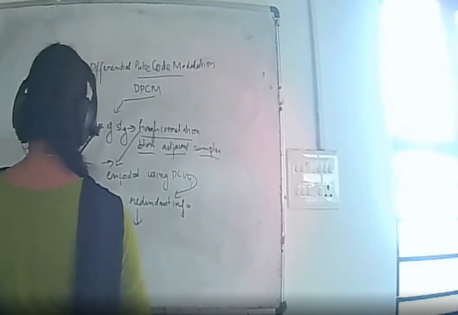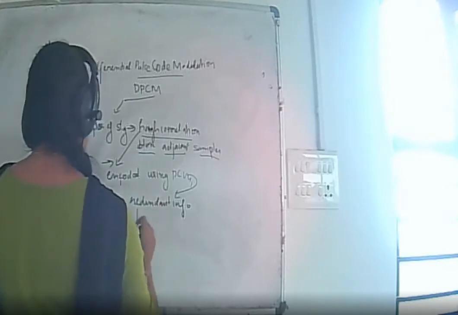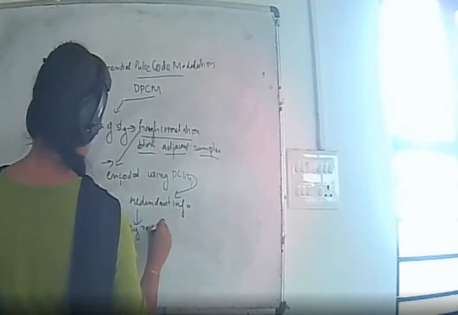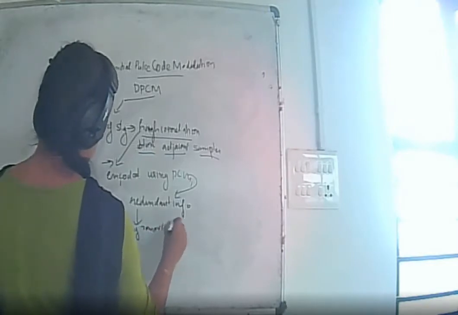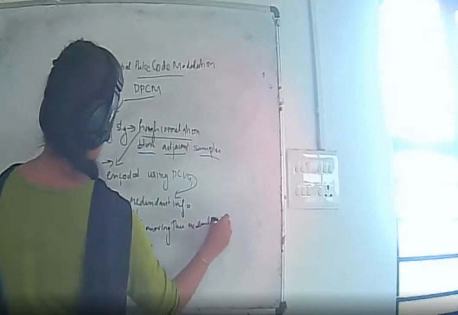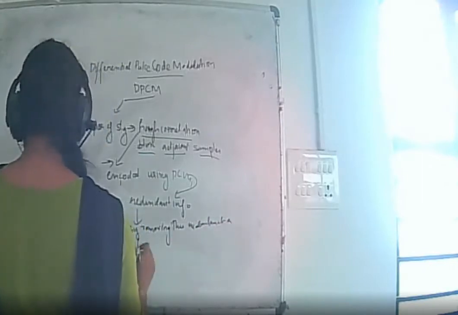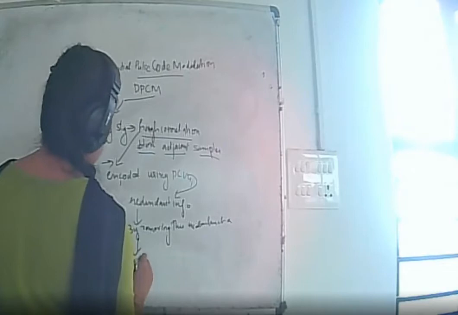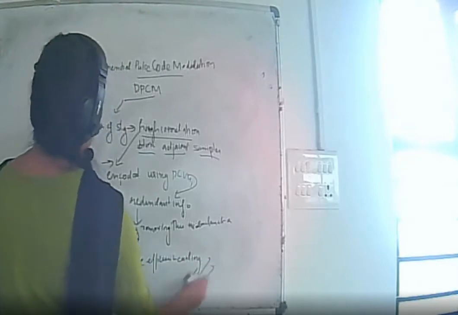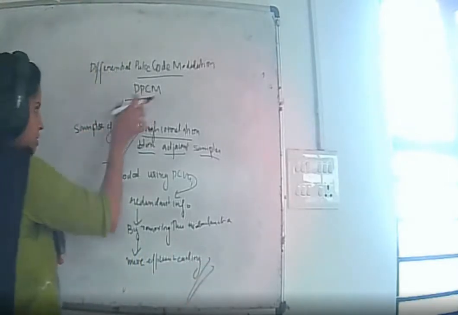By removing this redundant encoding, we get a more efficient code. This is what we are doing in DPCM, that is differential pulse code modulation.